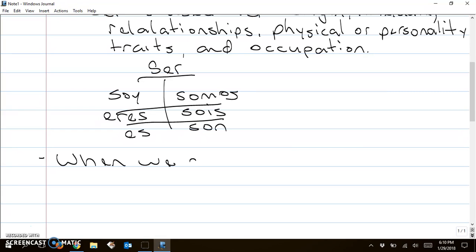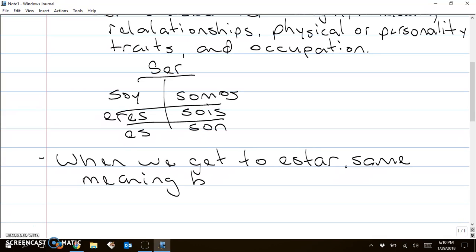When we get to estar, same meaning, but different uses.